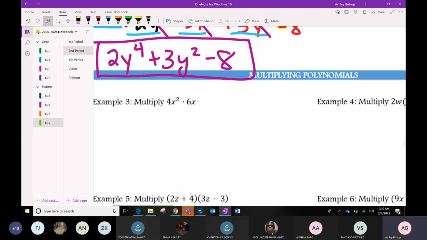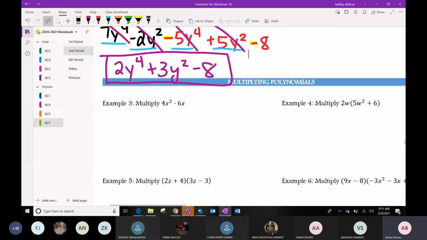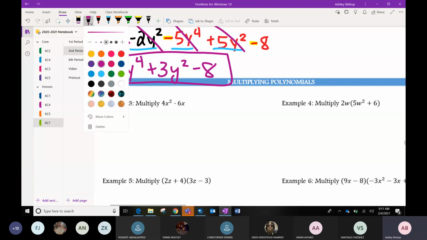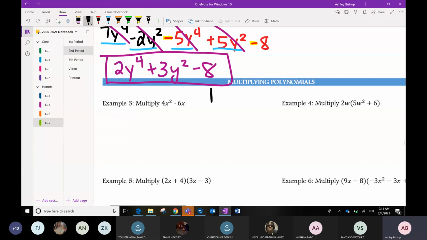But regardless, when we multiply polynomials, just a quick reminder, we are going to multiply their coefficients. So let me write that down. We multiply their coefficients. I'm going to shorten both of those words. Multiply their coefficients, and you add their exponents.